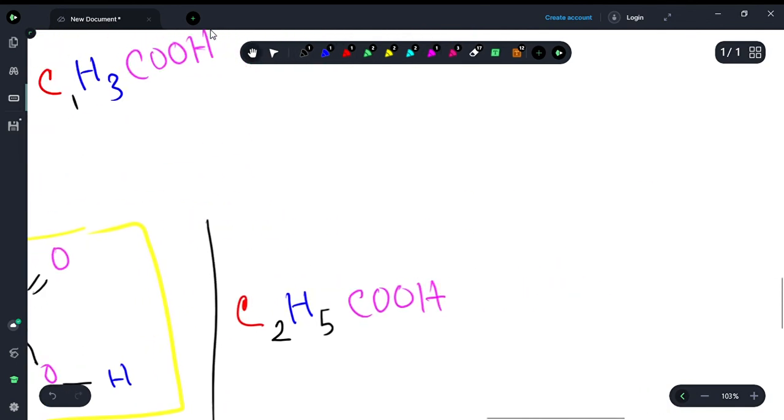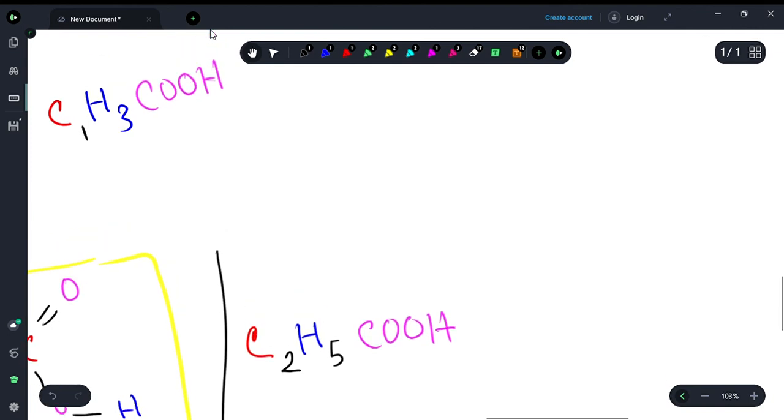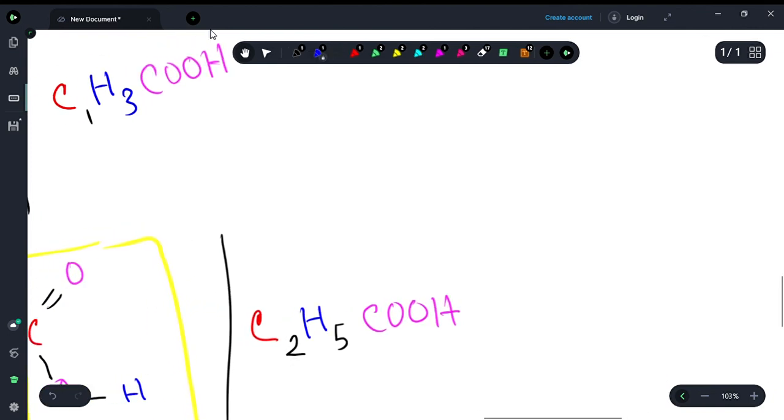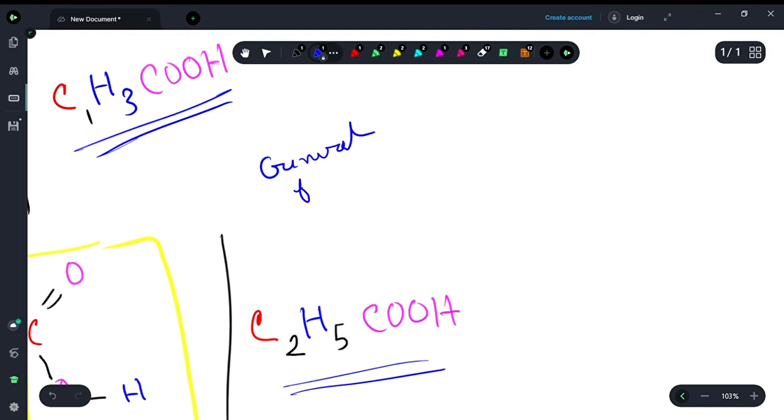So what's the general formula from these two? General formula of carboxylic acid.